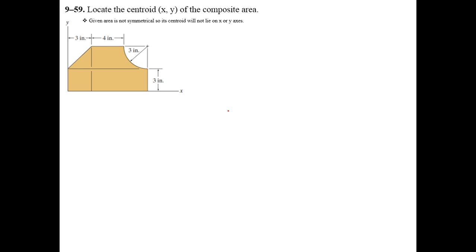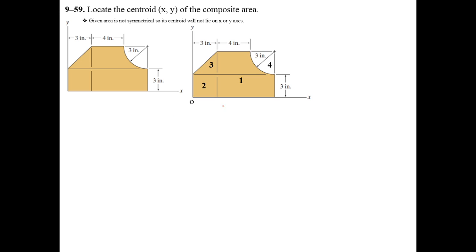Okay, so by looking at this figure, we have to break this composite area into simple shapes. For example, we can say that this entire composite area can be constructed if we assume this entire rectangle and name it as 1. So this is our composite shape 1.